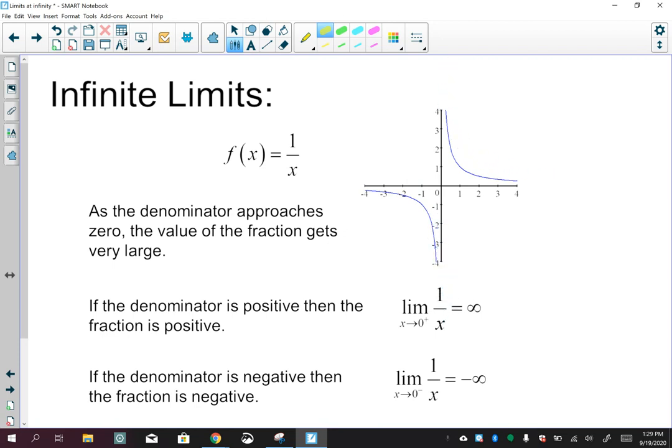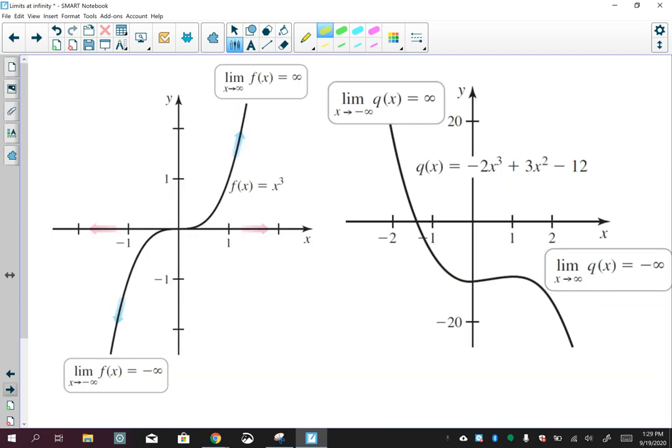Either way, the limit still doesn't exist. But if it's asking you for an infinite answer, you're going to have to go in there and say, okay, am I going negative, or am I going to go more positive?